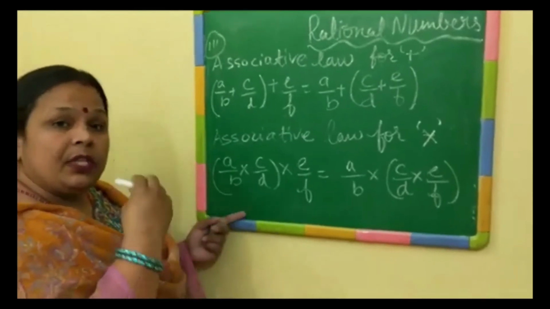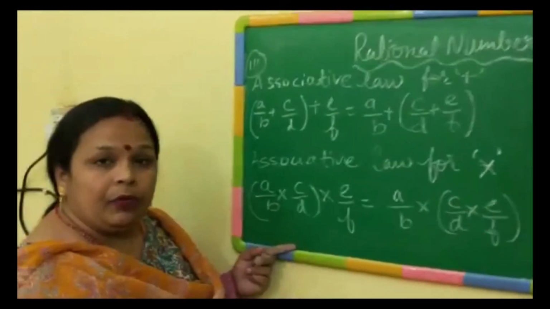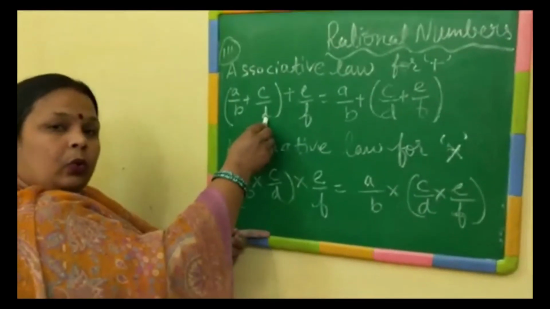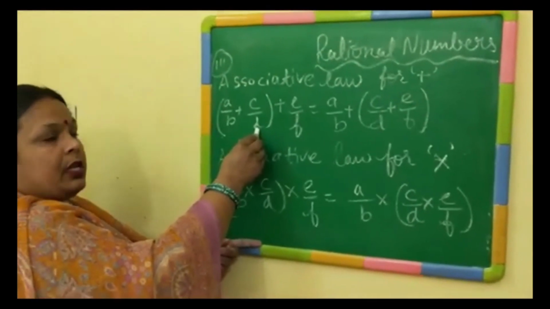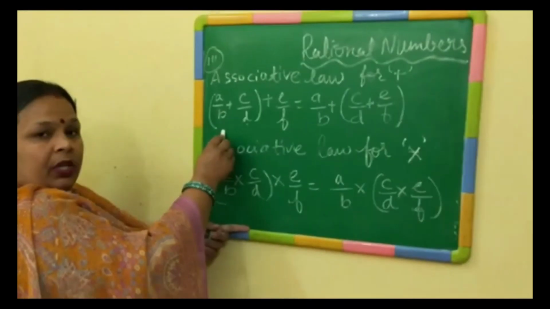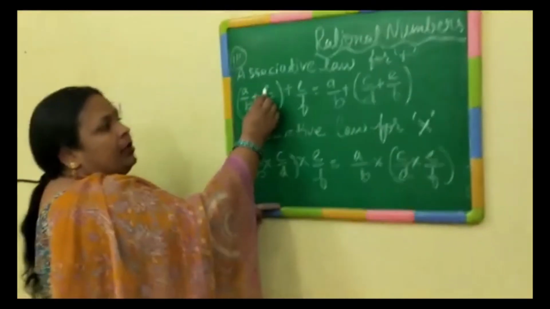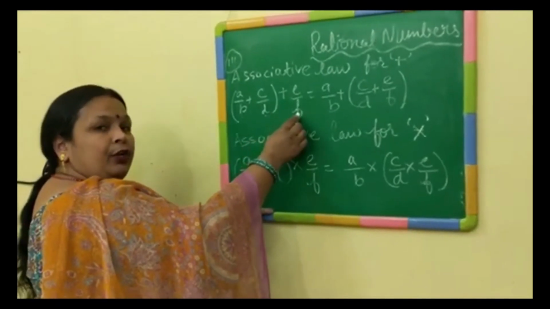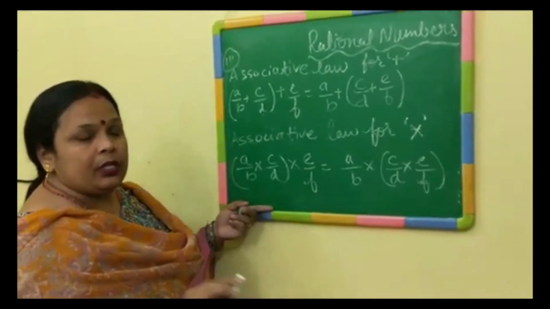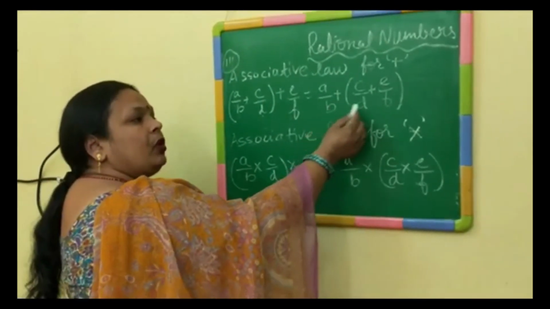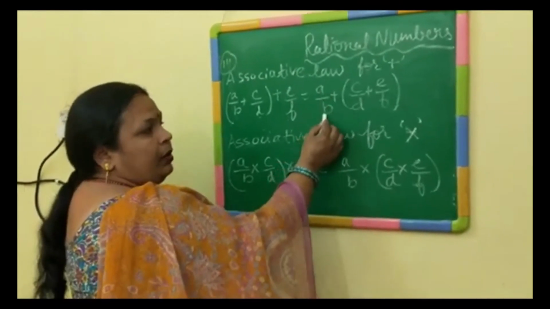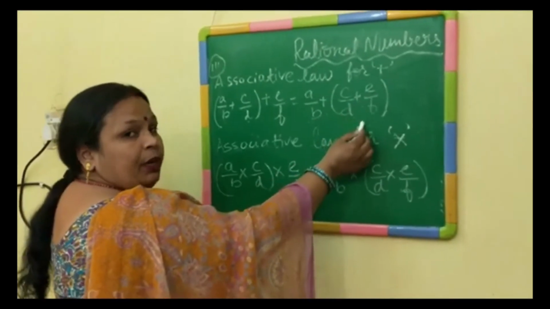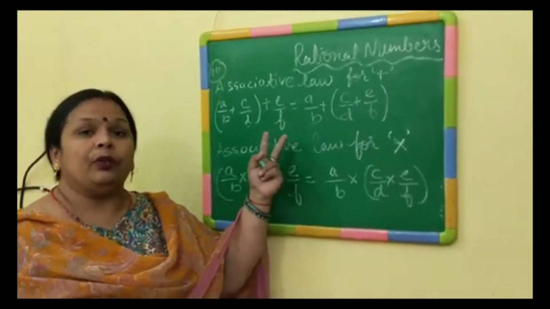As we have seen in the closure law, when we add two rational numbers, we get a rational number again. Similarly, if the order is changed, A by B added to the sum of C by D plus E by F, the answer is going to remain the same.